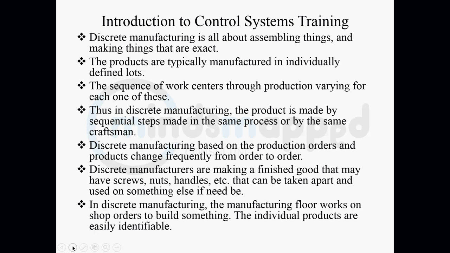Discrete manufacturing is based on production orders, and the product changes frequently from order to order. So we can say that some items are more desirable in some seasons while some are not. Some items are in much more demand in summers rather than in winters.